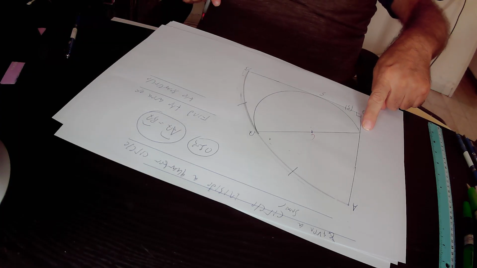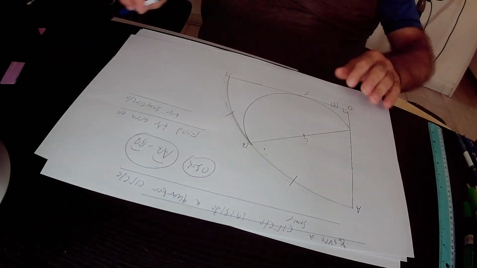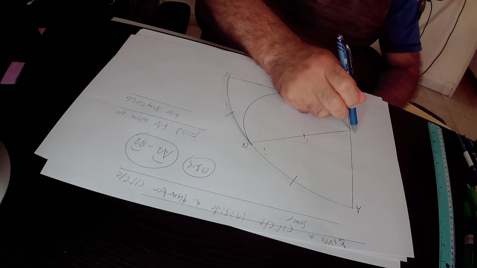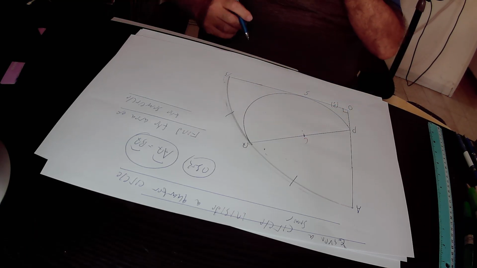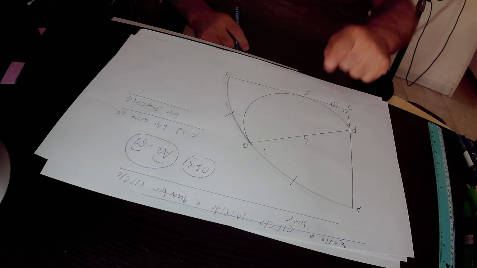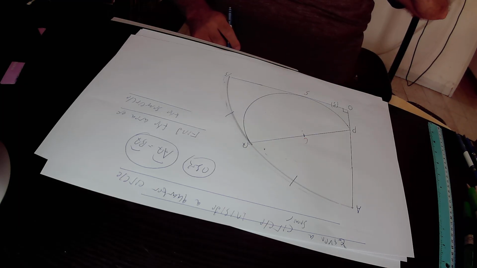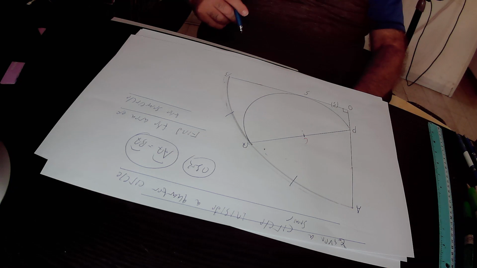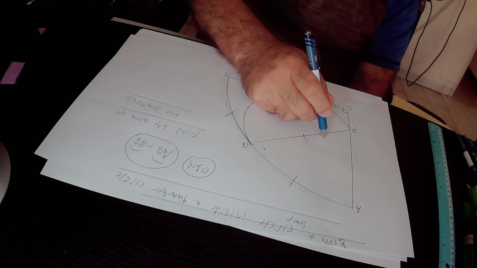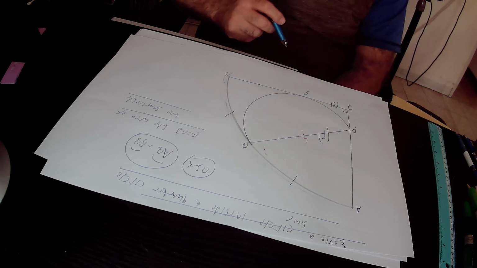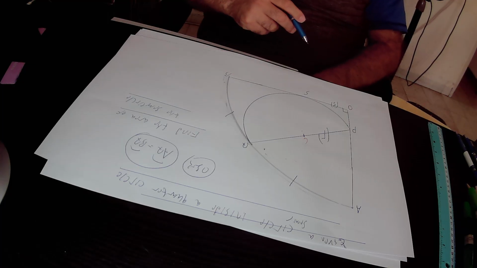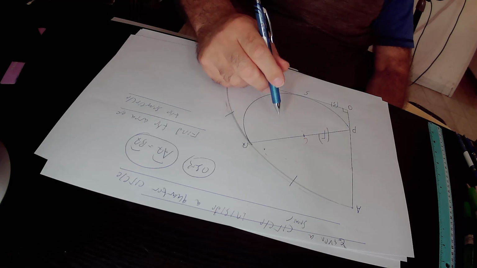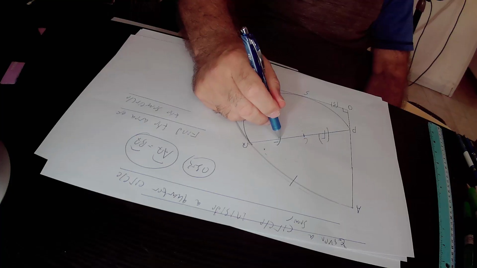This point is point P. So point C is the center of the semicircle, point P is a point of the semicircle itself. Of course, CP is the radius of the semicircle that we define as R. Likewise, CQ is also the radius of the semicircle, equal to R.